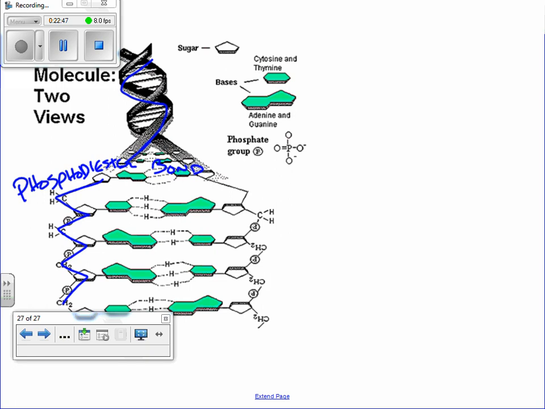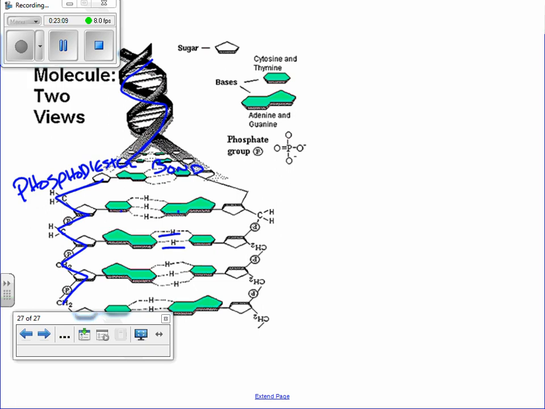Which is a covalent bond, so it's strong. Whereas across the center, you can see we end up having hydrogen bonds, which are weaker. You need to understand that that's important because if we can't open up the DNA molecule, breaking these hydrogen bonds, we can't get to the code, right? And the code are these nitrogen bases that you find on the inside.